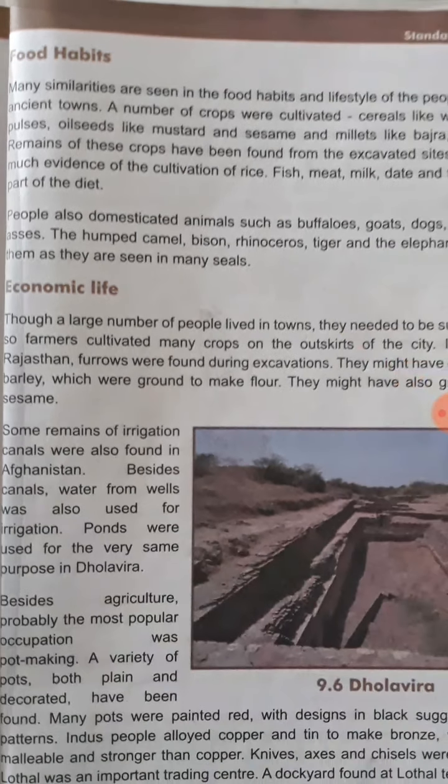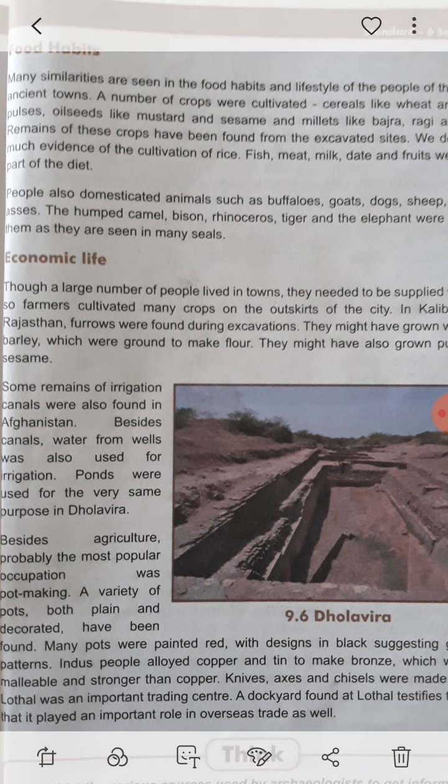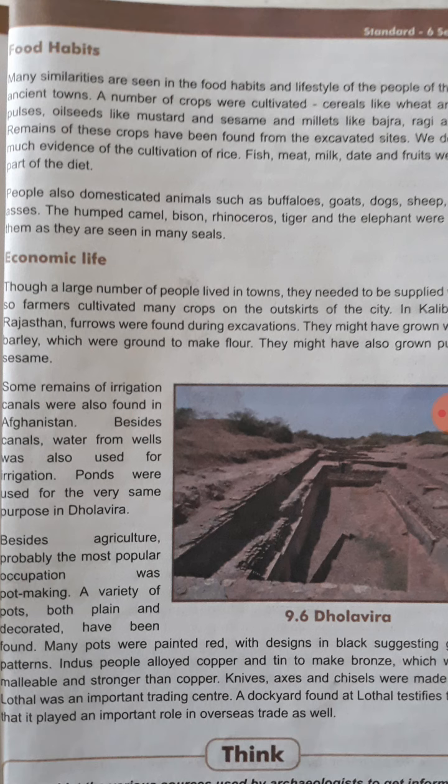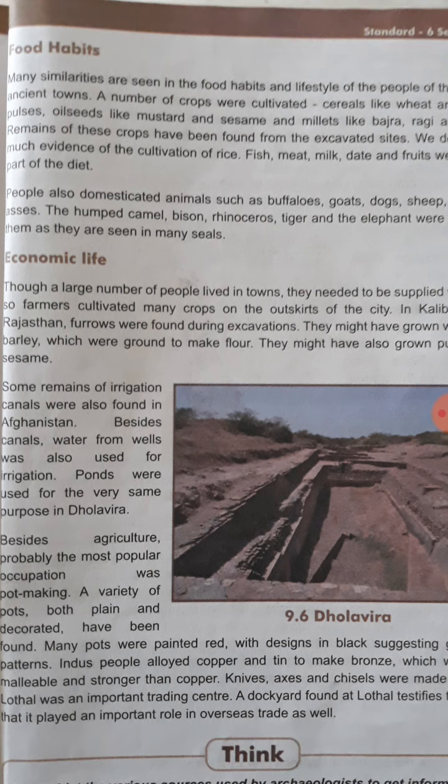In ancient times, the food habits or lifestyles of the people were similar. They cultivated cereals like wheat and barley, pulses, oil seeds like mustard and sesame, and millets like bajra, ragi, and jowar. Remains of these crops have been found from the excavated sites.